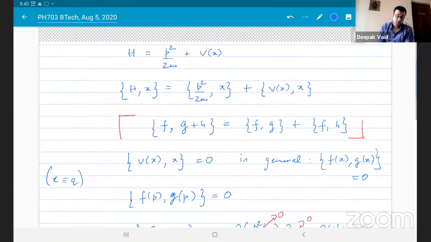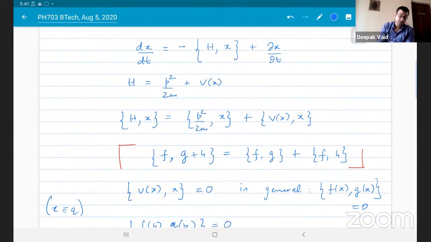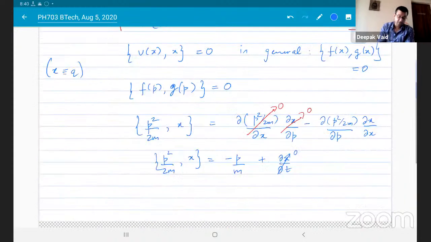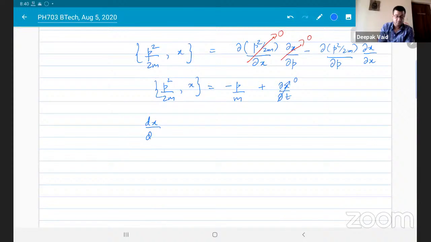Now, if you insert this into the time evolution equation, what do you find? dx by dt is equal to minus h comma x, and then the partial derivative, but that is 0. Okay, I'm sorry, I should not put this here. And this is 0.